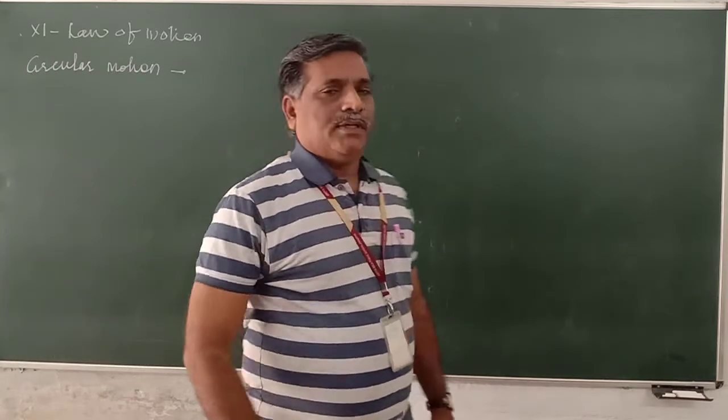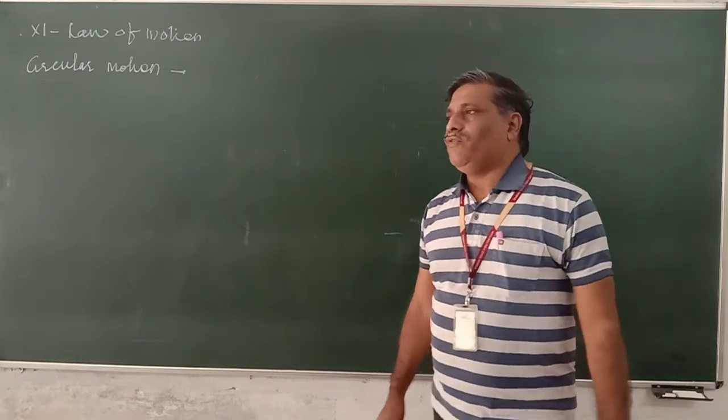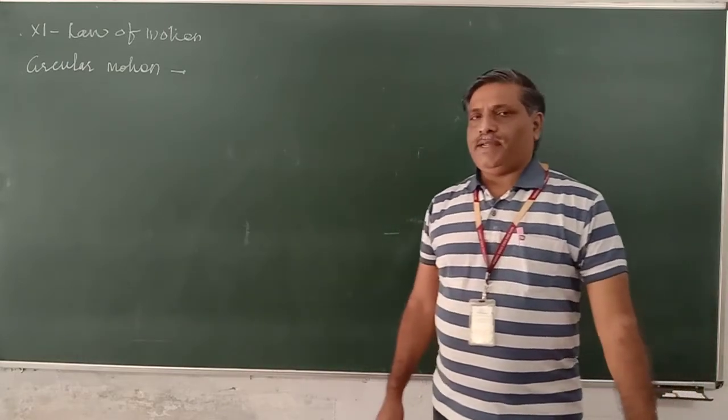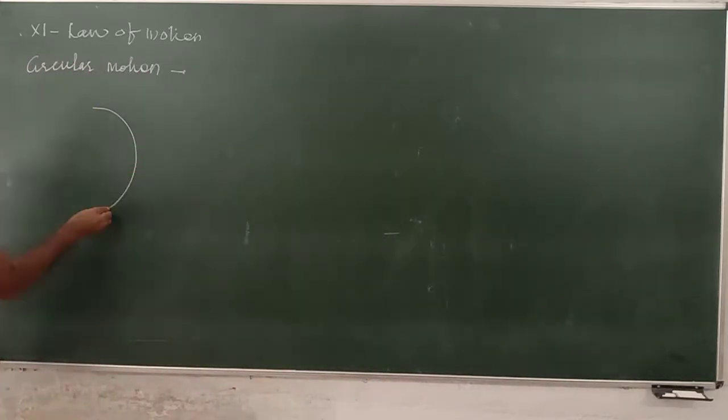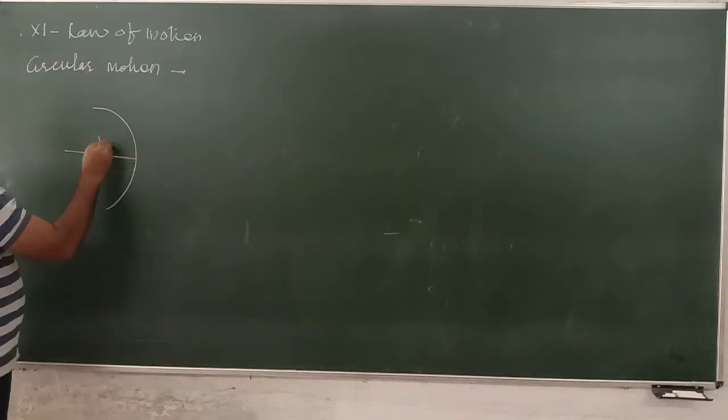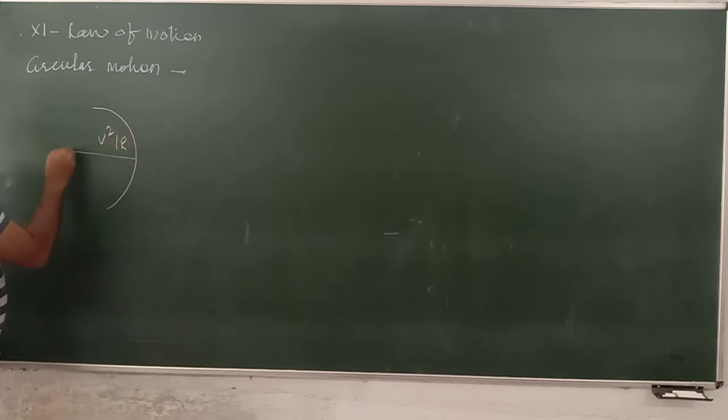In the previous chapter, we have seen that when a body goes along the circumference of a circle, then v square by r is the acceleration acting on the body.